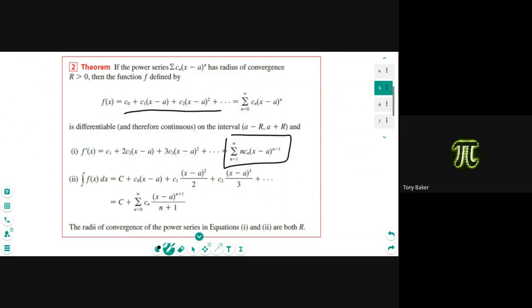Same thing is true with your integration. It's the opposite of the power rule. So we take the n and we add 1 to it, and we divide by n plus 1. So we can take the same concept and do the integration of a power series.